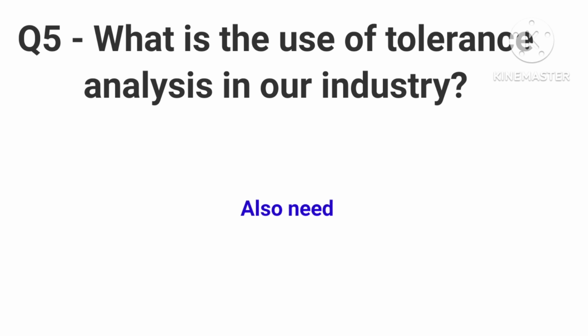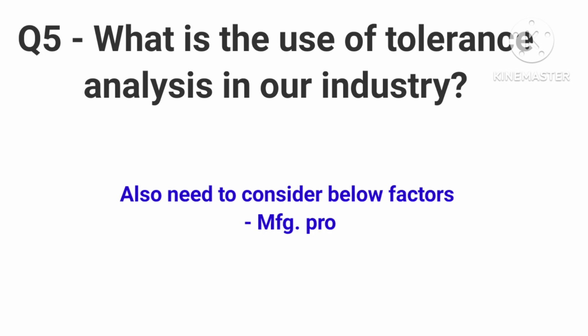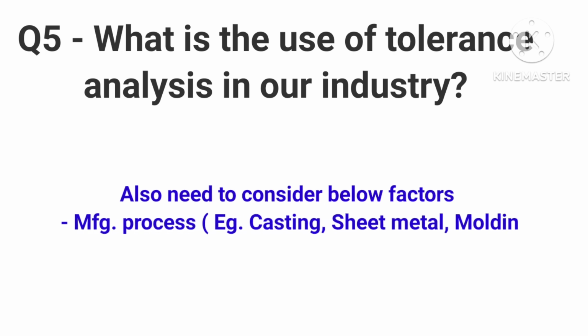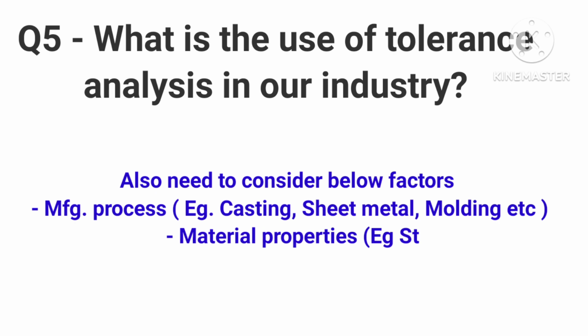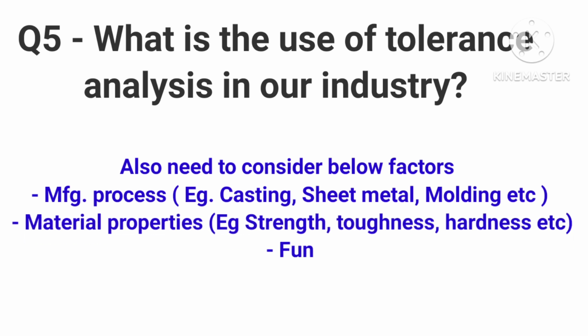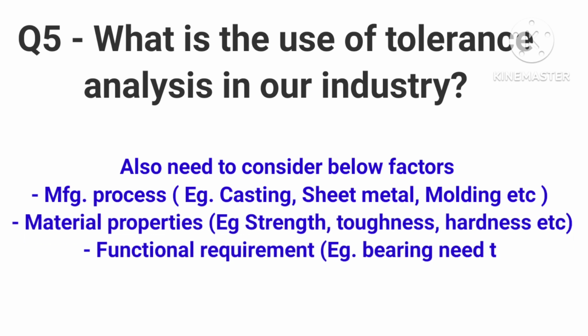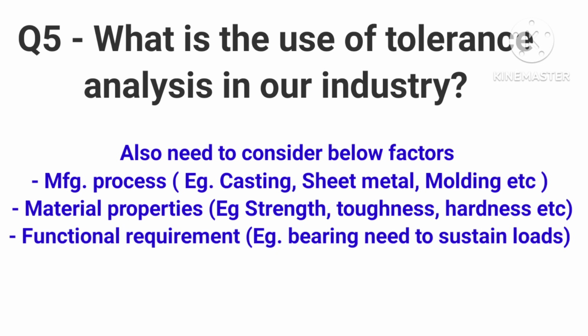During tolerance analysis, we need to consider factors like manufacturing processes. Which type of manufacturing process we use, we should consider the tolerance according to that. Also material properties and functional requirements.